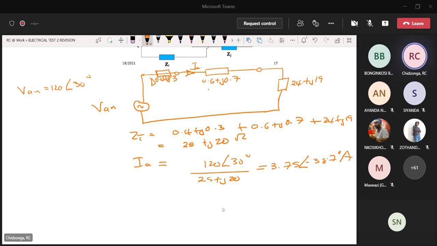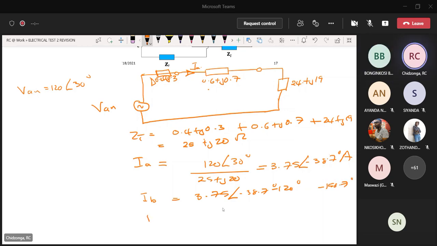If I want IB, I can just write it right away from here. I know it will be the same magnitude because the network is balanced, but the current will be a further 120 degrees away from this. So it will be minus 38.7 degrees minus 120 degrees. You add those two, that gives you minus 158.7 degrees.